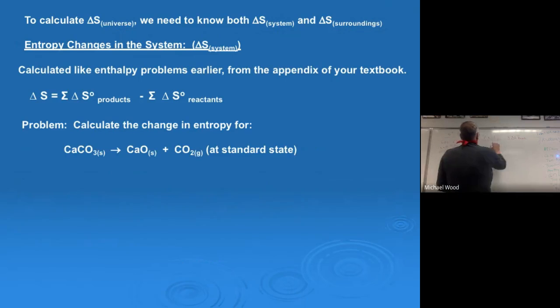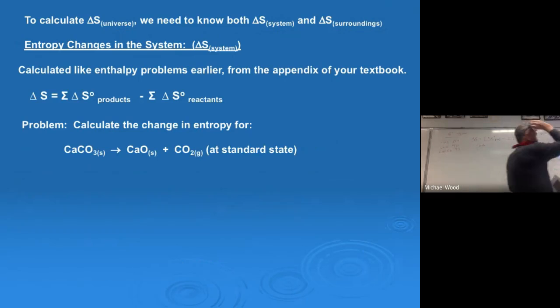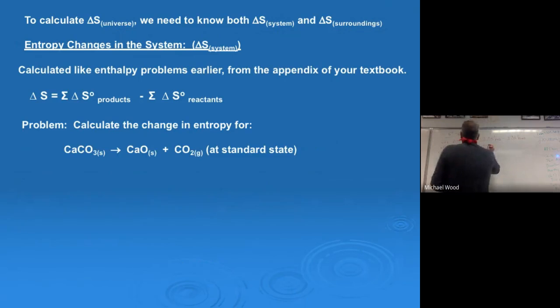So the products in this reaction are the CaO, which I have the value right here, and the CO2, which is here. You've got to remember to do the 1 mole. In the balanced equation, the coefficient is 1.